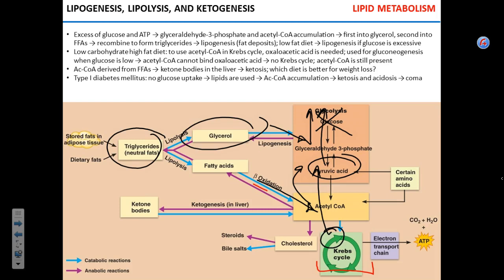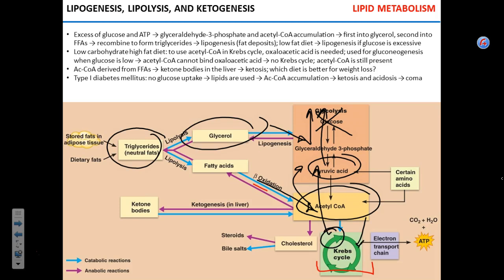There's one little downside. Our whole discussion was built on the premise that some acetyl-CoA that you produce from fatty acid beta oxidation can go to the Krebs cycle, right?